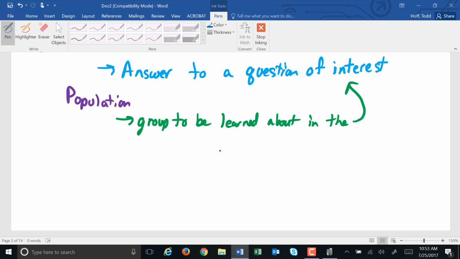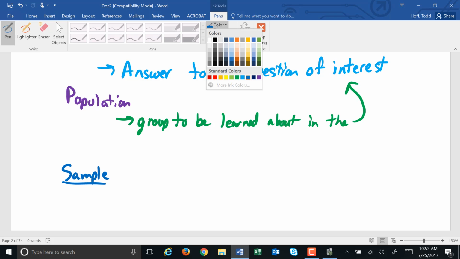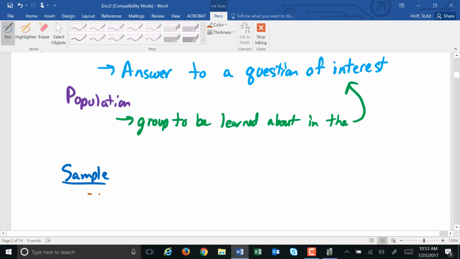So to study a population, we use a sample. And what a sample is, is simply a smaller group selected from a population.